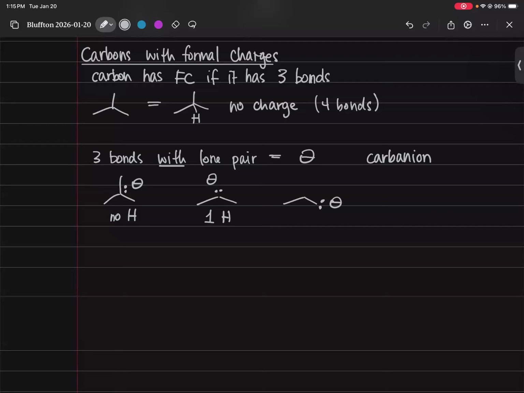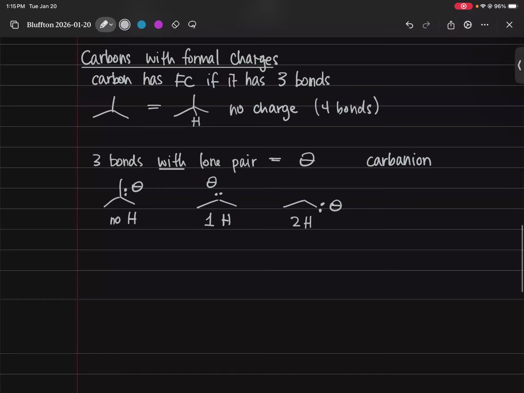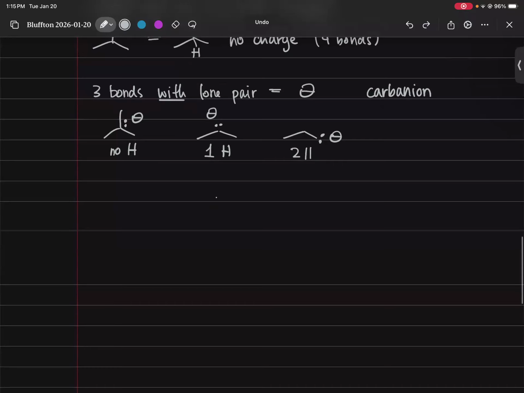if we have it on the end, this is going to have 2 hydrogens on that carbon. So there's that one, drawn with its hydrogen, and then the one with 2 hydrogens.